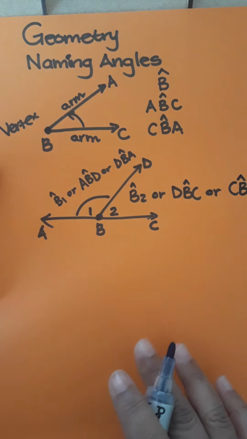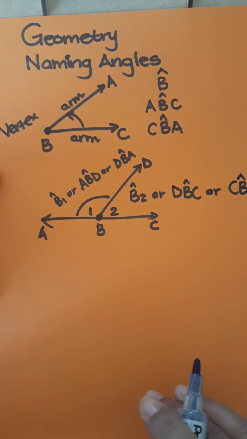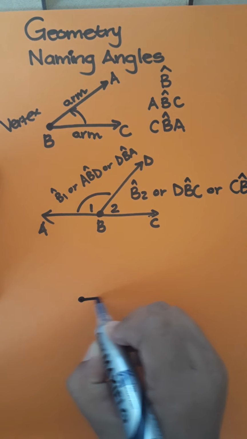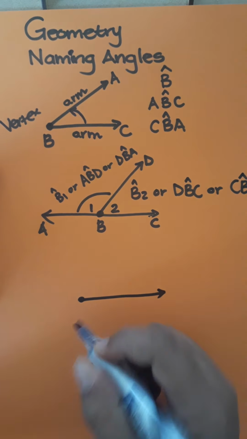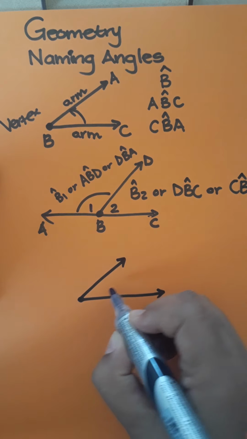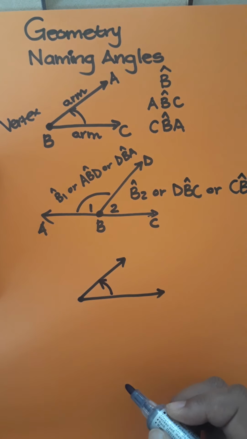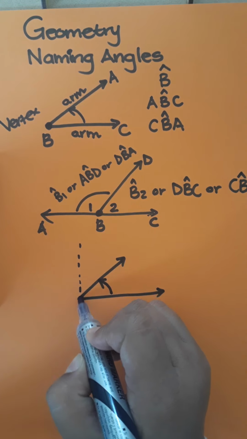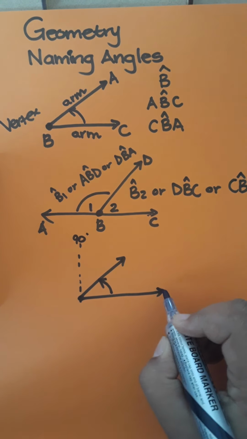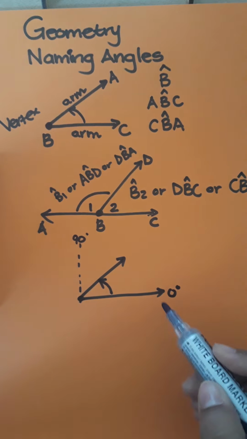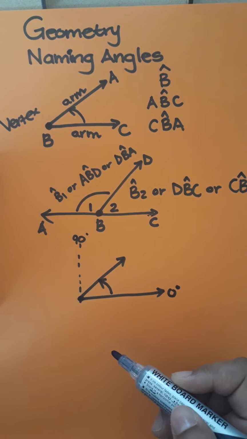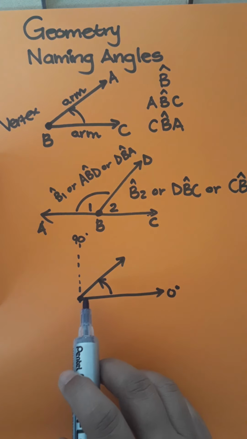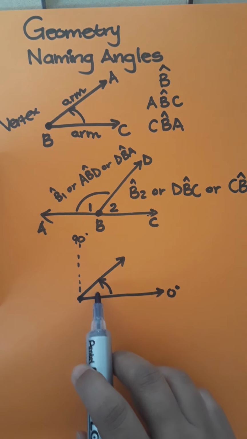Girls and boys, there are different types of angles that we're going to look at today. Let's see, draw a ray, and if I have an angle that is formed between those two rays, but look what happens. This would be my 90-degree angle, and this would be 0 degrees. Now look, what do you think? This angle is greater than 0 degrees, but it's smaller than 90 degrees.